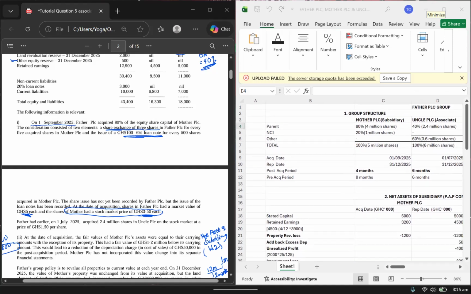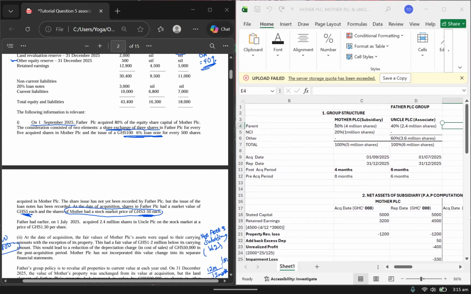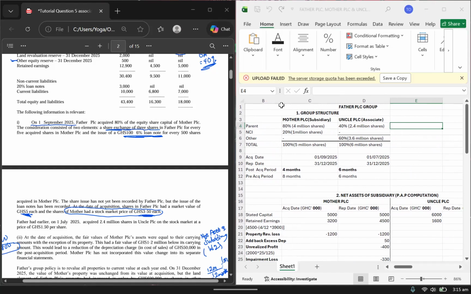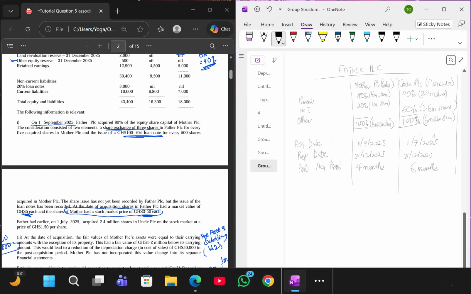This is it. So you have the parent. Bring it closer so that you see. Okay, so you have the parent in here, and the parent is having 80% of Mother PLC, making it a subsidiary, and the number of shares, 4 million. Then Uncle PLC. So we've done up to this side. And the pre-acquisition period. Let me explain the pre-acquisition period.